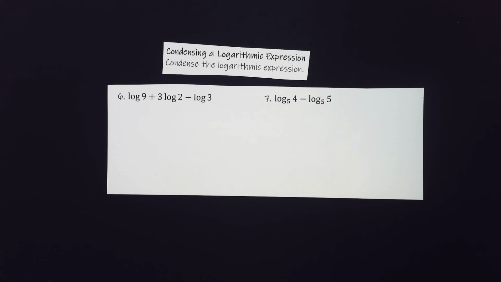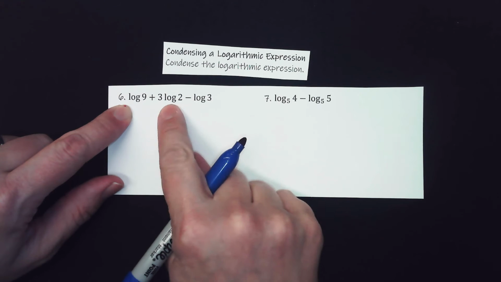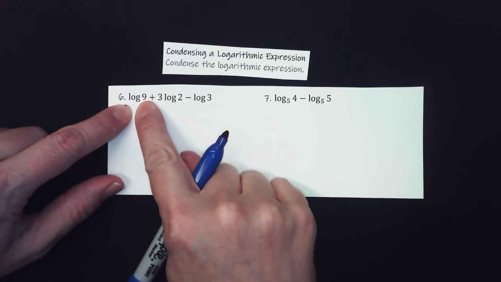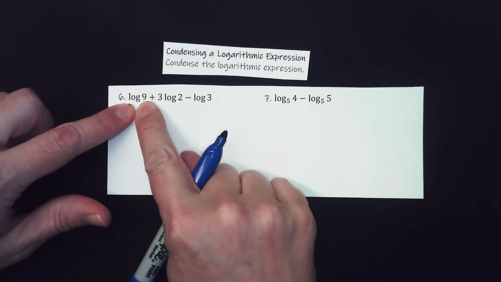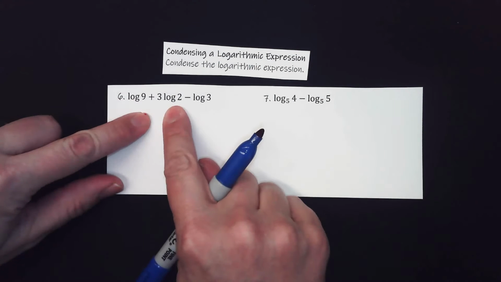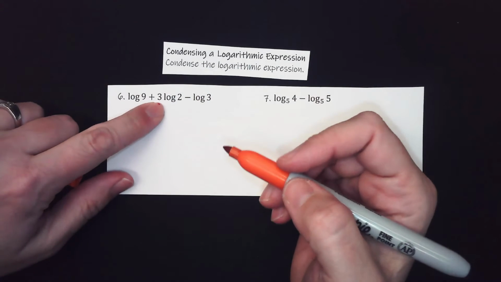Okay? So, if I look at number 6 here, it has 3 logs, all of which have the same base. These are all our common log, so it would be log base 10, but we don't have to write that base when the base is 10. And I want to write what these mean. Well, first I see that I have this 3 in front of this one.